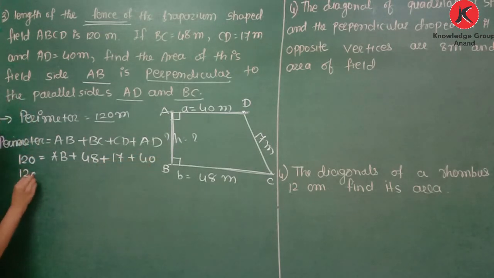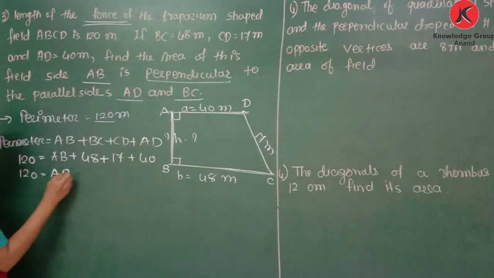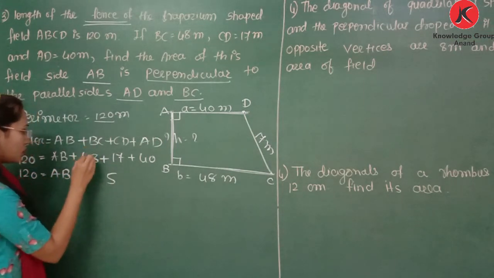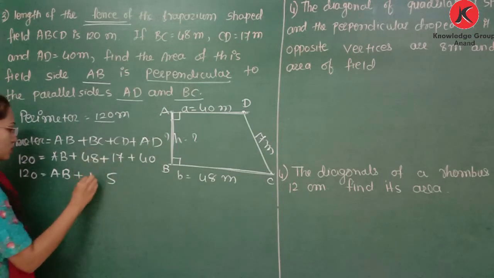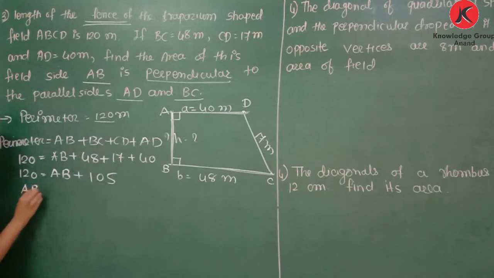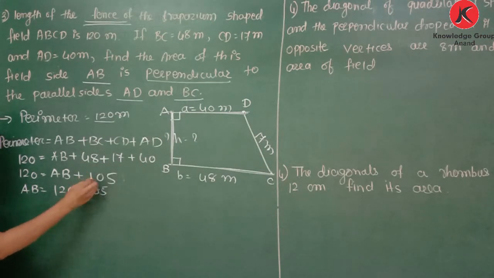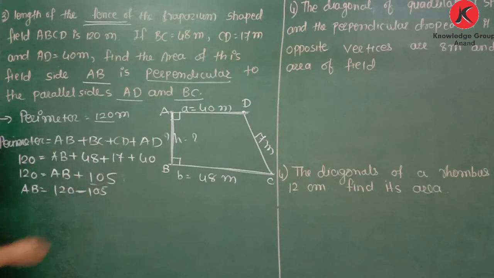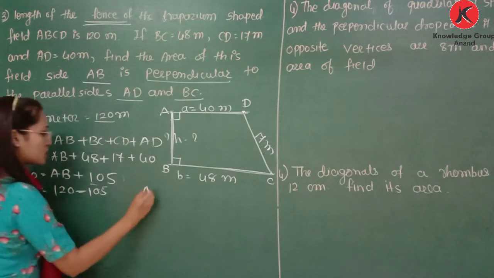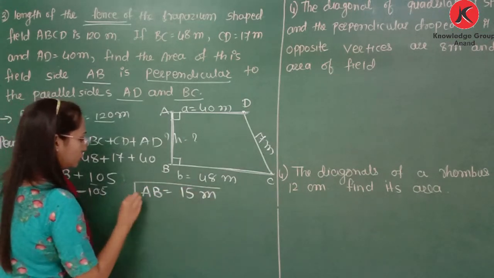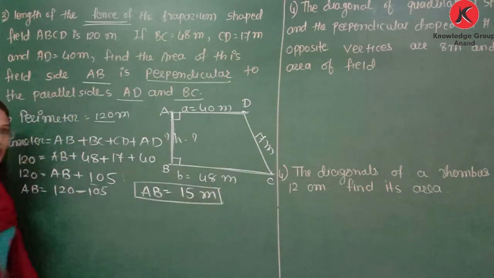Now add. So that will give 105. So AB is equal to 120 minus 105. Take this 105 from the left to right, it becomes subtraction with 120. So AB is equal to 15 meter. That is our height.